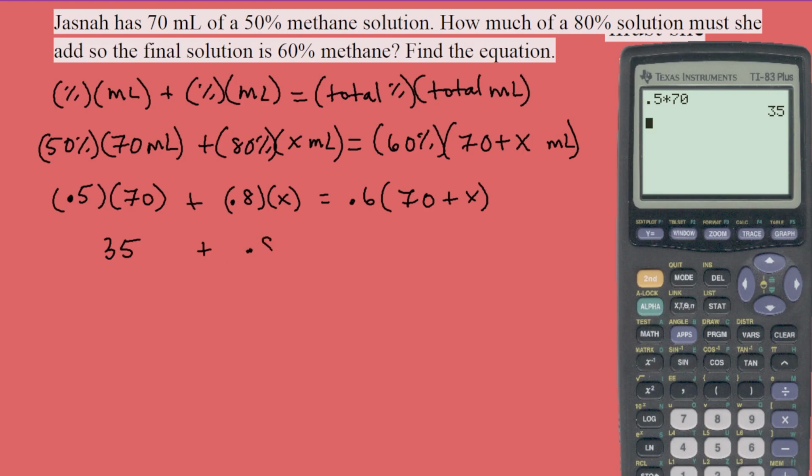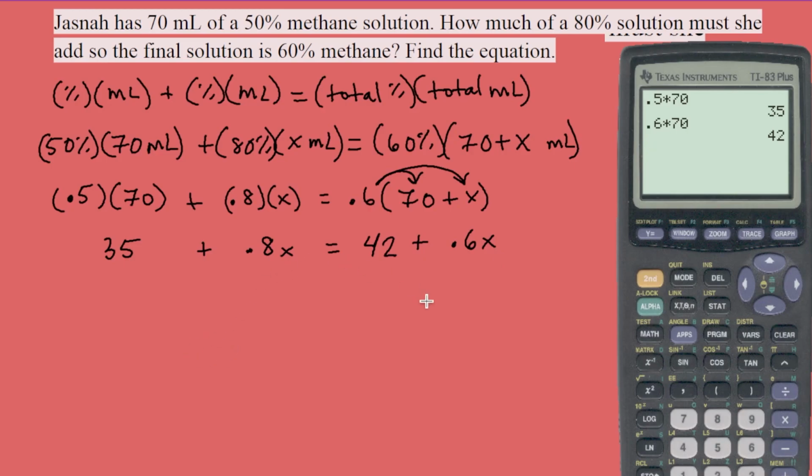And 0.8 times X is just 0.8X equals, and now we're going to distribute 0.6 times 70 plus 0.6 times X. 0.6 times 70 is 42 plus 0.6x.